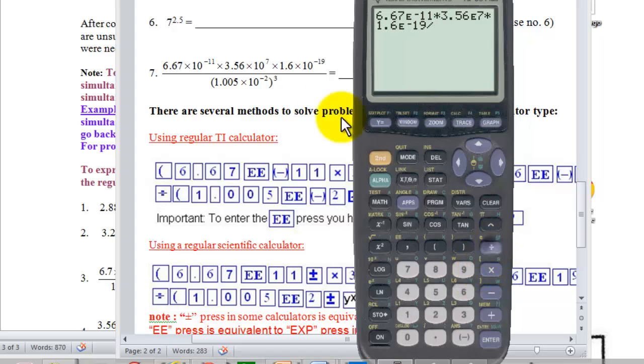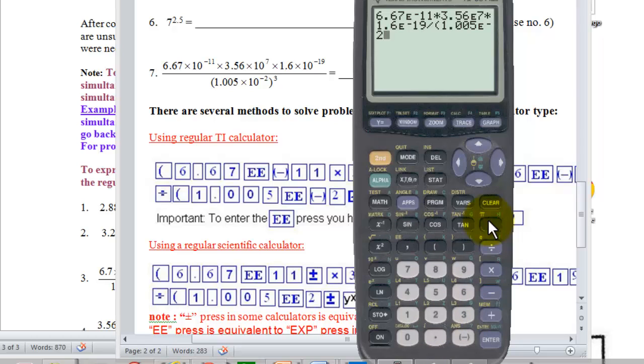Divided by, now here notice we have division, then we have a number which is 1.005 times 10 to the negative 2 raised to the power 3. So here it's very important to include parentheses because we have two operations, division then raised to the power 3. So we'll open parentheses and we'll input the number which is 1.005 second E negative 2, and now we'll input the whole thing here.